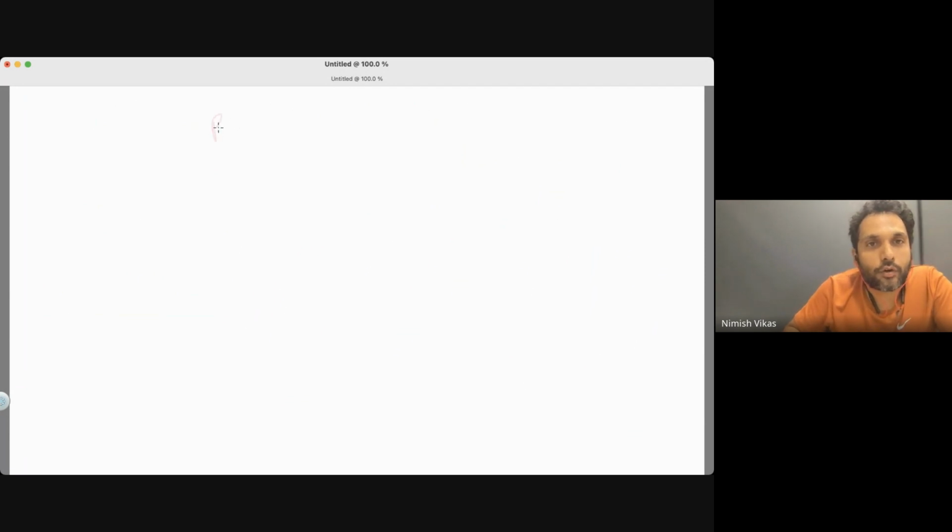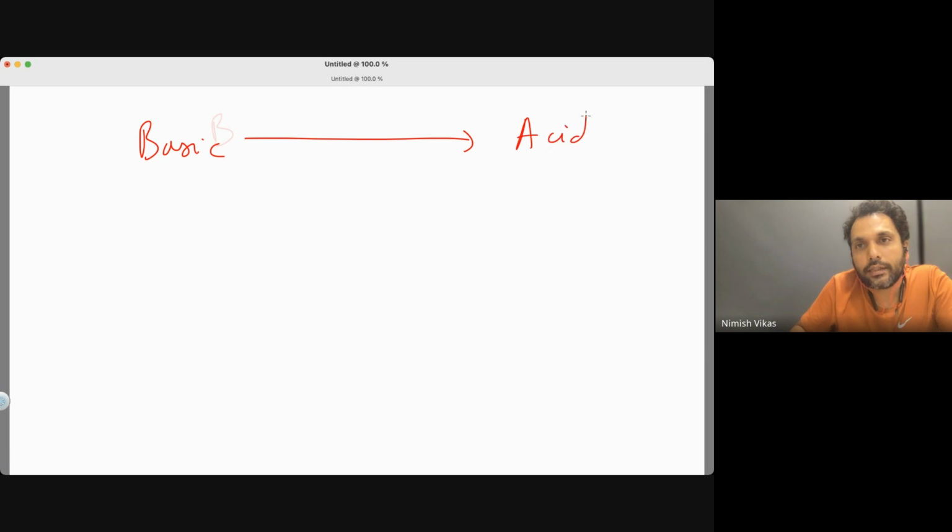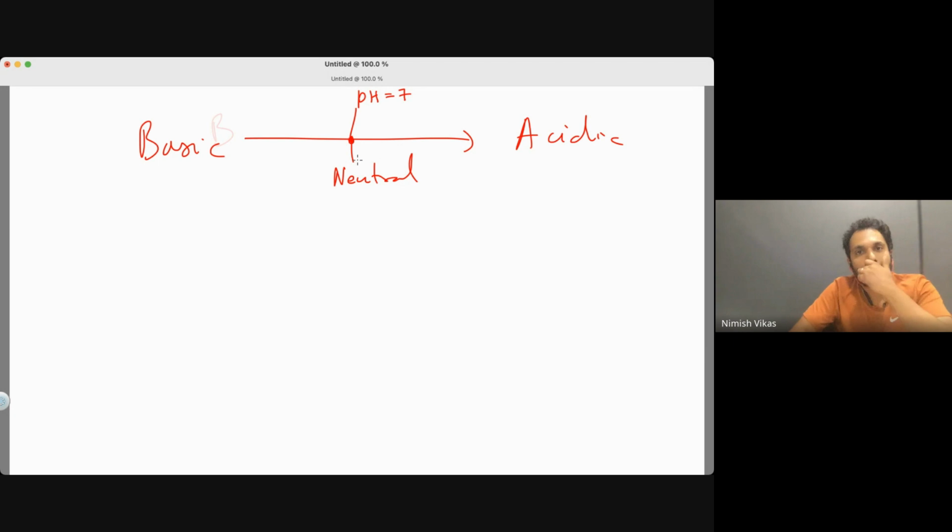So you only need to know for this chapter that if you are going from a basic solution towards an acidic solution, and say this is the real neutral point, where the solution has a pH of 7, then if I'm using phenolphthalein, it is going to show a color change somewhere over here.